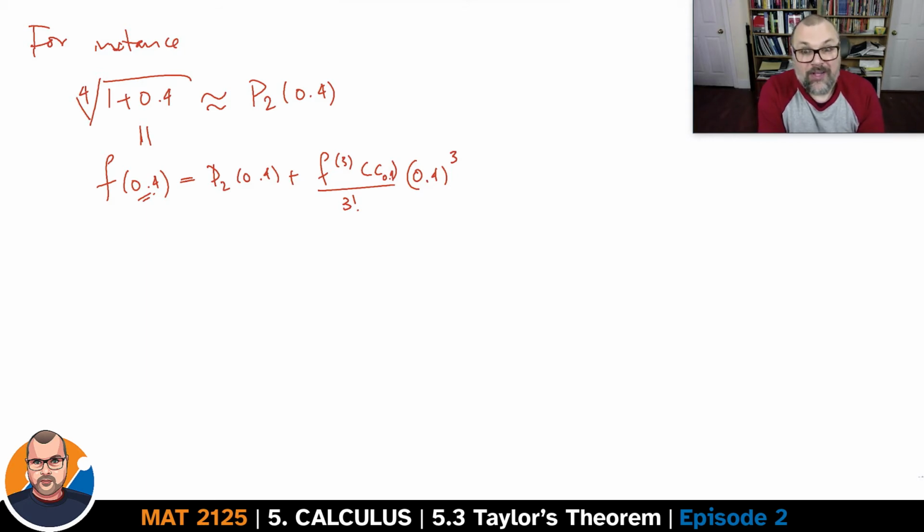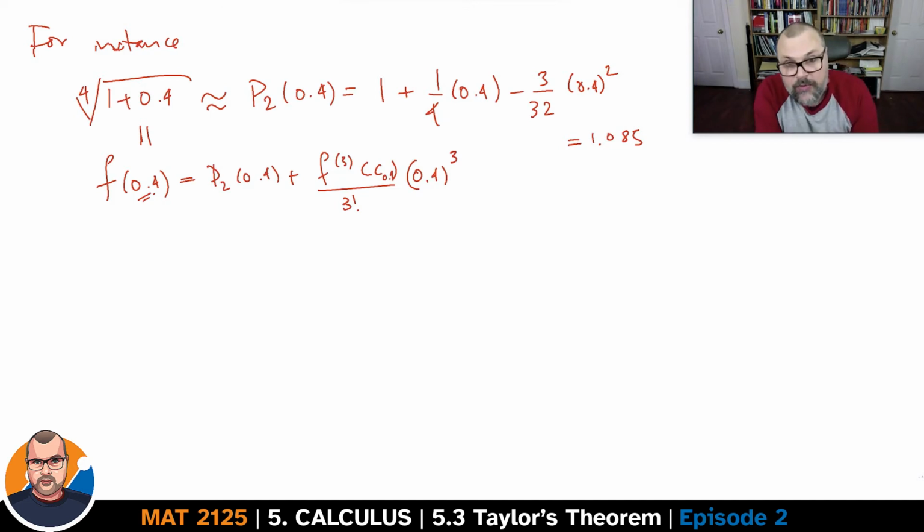So since we don't really know how to compute that, we will just approximate it with the Taylor polynomial of degree 2, which from the previous slide you will remember was 1 plus 1/4 of 0.4 minus 3 over 32 of 0.4 squared. And this value is about 1.085.